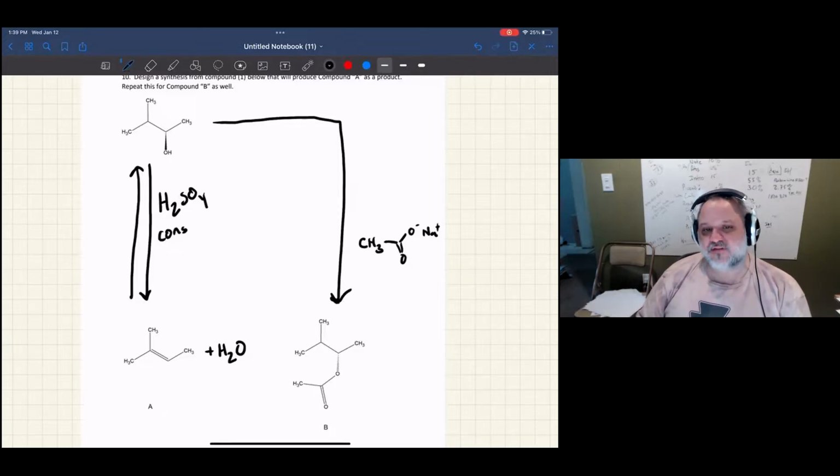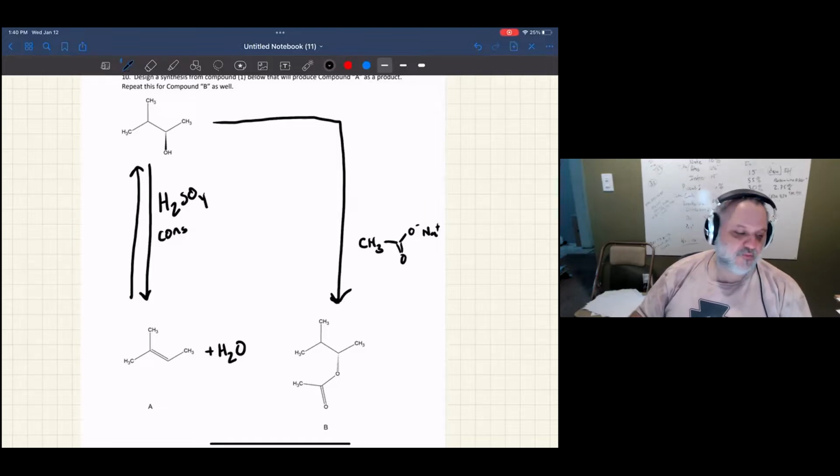That's not going to work in this case because that would be incompatible with the base. So I'm going to be reacting it with a relatively strong base, the conjugate base of acetic acid. We haven't done the nomenclature, but this is the acetate ion. So I'm going to react it with acetate, sodium acetate.